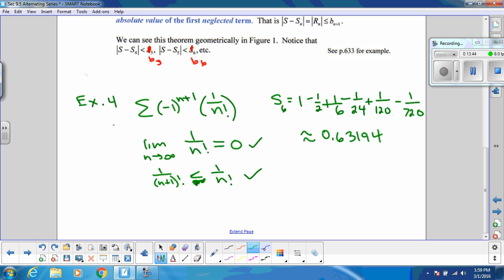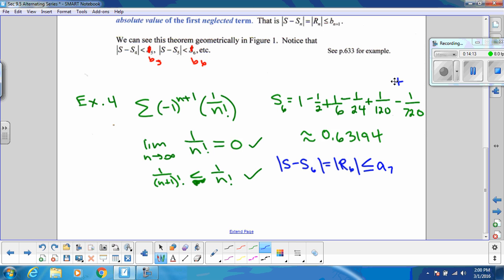So the error tells us how close this is. The difference between the actual sum and the sum that we use to approximate it is exactly equal to the remainder, and that remainder has to be less than or equal to the first neglected term. What would have been the next term after the minus 1 over 720?